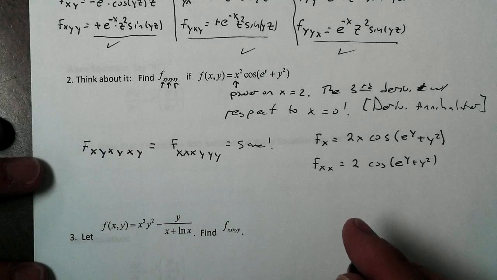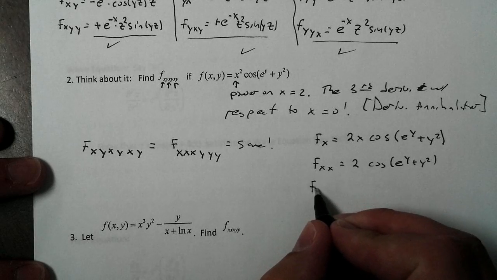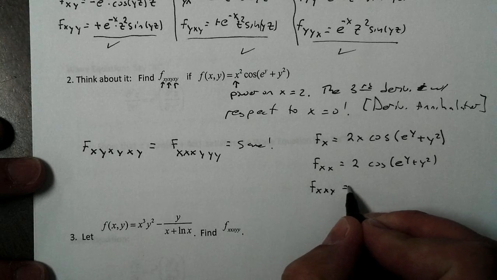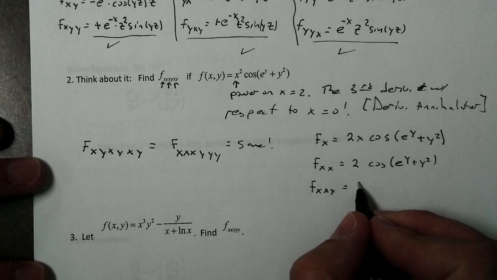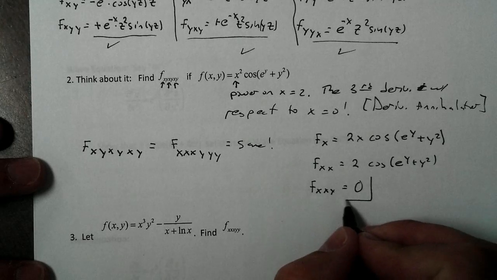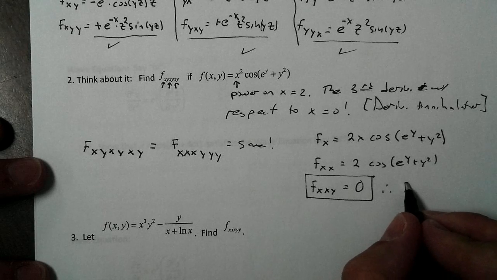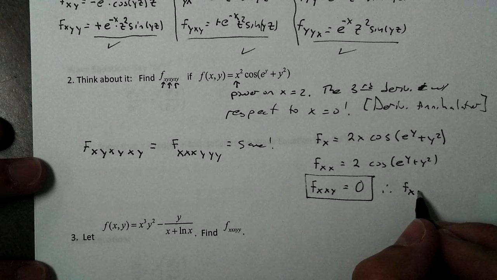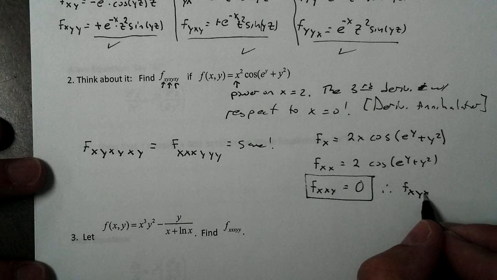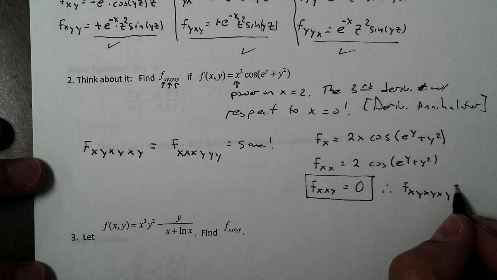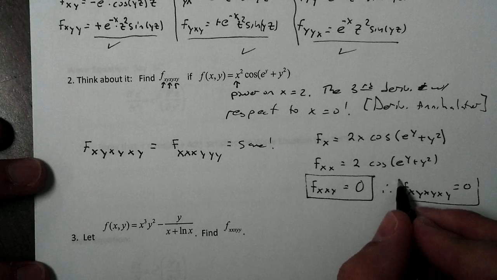And if we take the next derivative with respect to x, notice the derivative of 2 is just 0. So it doesn't matter what this is. So the third derivative is 0. And therefore we can say that the partial derivatives with respect to x, y, x, y, x, y is also going to equal 0 as well.